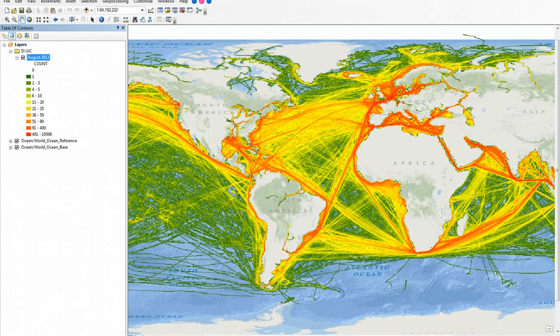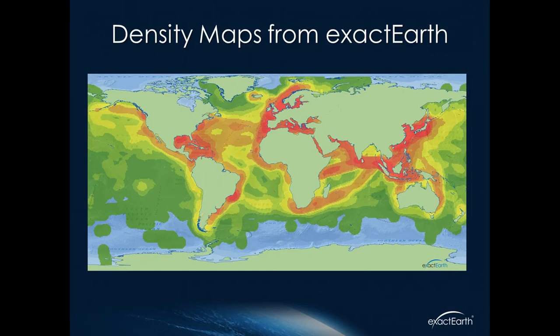So now you've seen how easy it is to create density maps for the world shipping. We're very excited to be rolling out this new product, as we know that many of our customers have been using our global data feed or our archive data to create a series of density maps to be used in performing in-depth vessel pattern analysis.